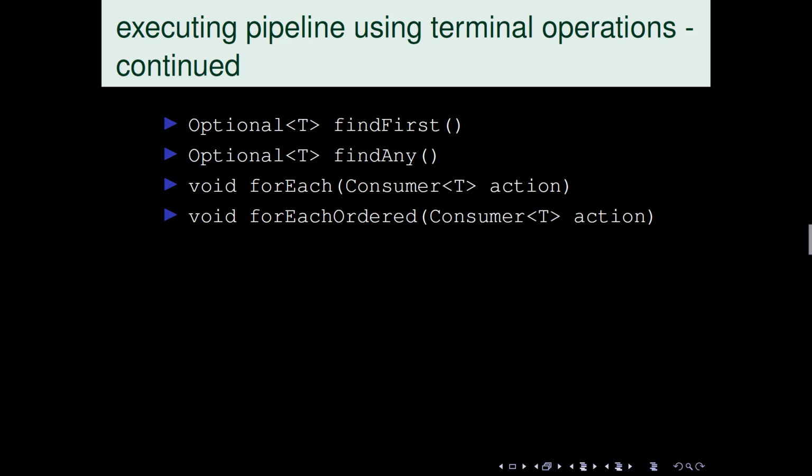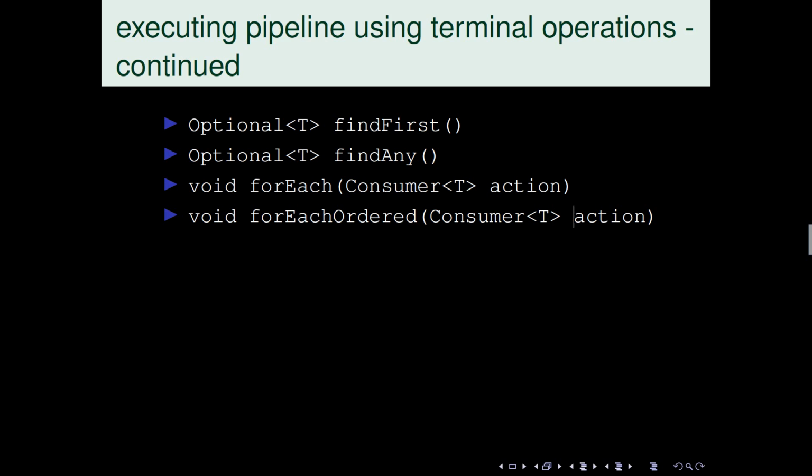If the stream is empty, it doesn't have a value, and therefore the return type here has been shown as Optional. It's not returning null in case of no values.